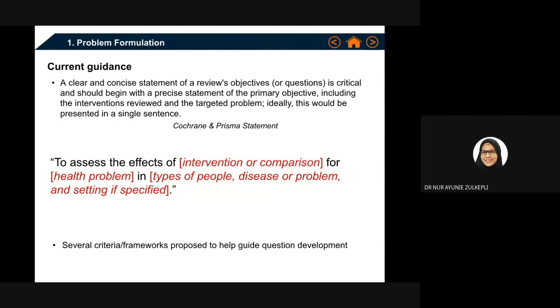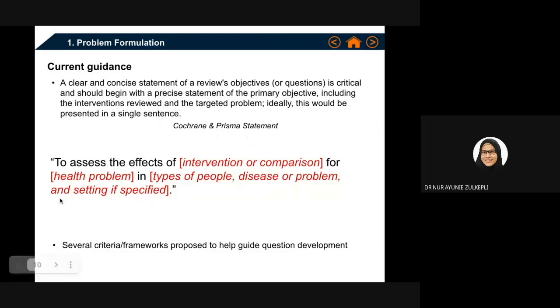So when you do your problem statement, I will show, okay, there's one example after this. So you need to have this single sentence. It's better compared to you just exaggerating things, explaining things in one long paragraph, but you do not have these important criteria in it.